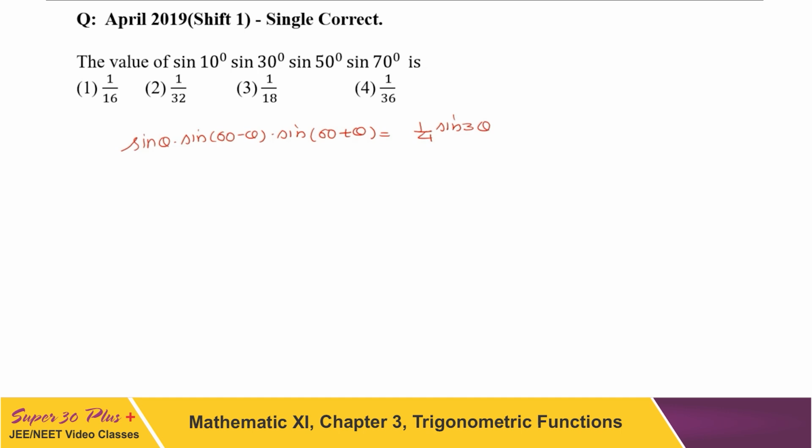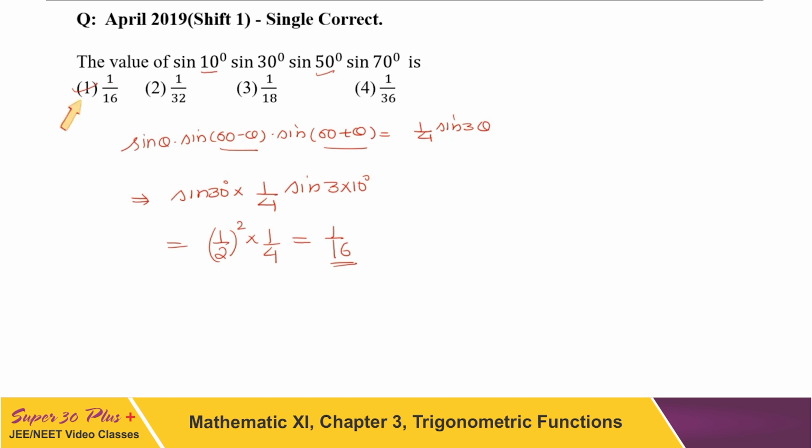If we consider theta as 10 degree, then 60 minus 10 is 50 and 60 plus 10 is 70, meaning your question will reduce into sin 30 degree into 1 upon 4 sin 3 into 10 degree. It is also 30 degree, so it is sin square 30. The value of sin 30 is 1 by 2, and 1 by 2 square is 1 by 4 into 1 by 4. It is 1 by 16. Your answer is 1 by 16, and option first is the correct answer.